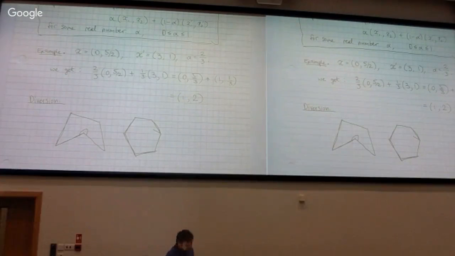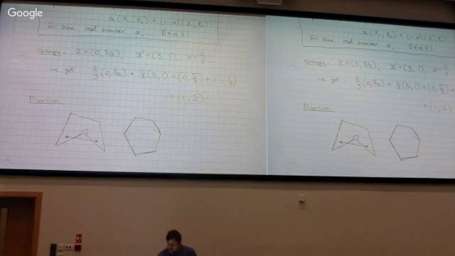This one has one particular thing, which is you can find 2 points in the polygon, and if you look at the line segment between them, it doesn't lie in the polygon. It's not inside the whole of it.